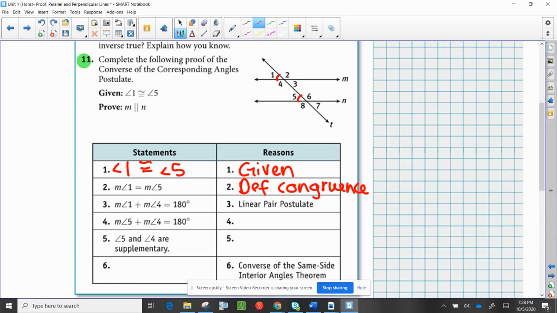Okay, so then next we have that the measure of angle 1 plus the measure of angle 4 is 180 degrees.